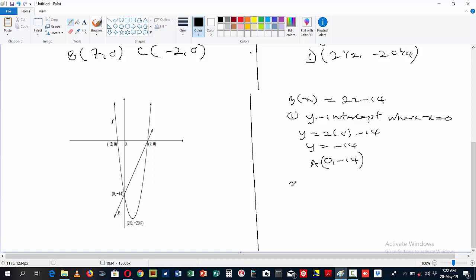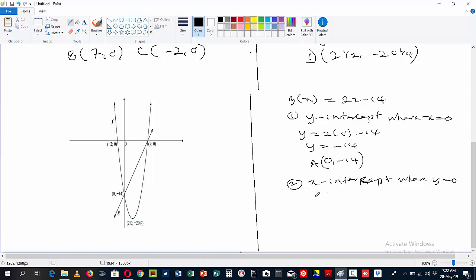The second step is the x-intercept, where y equal to 0.